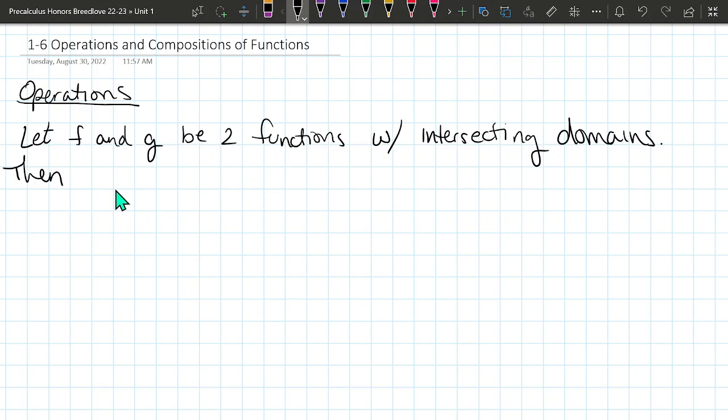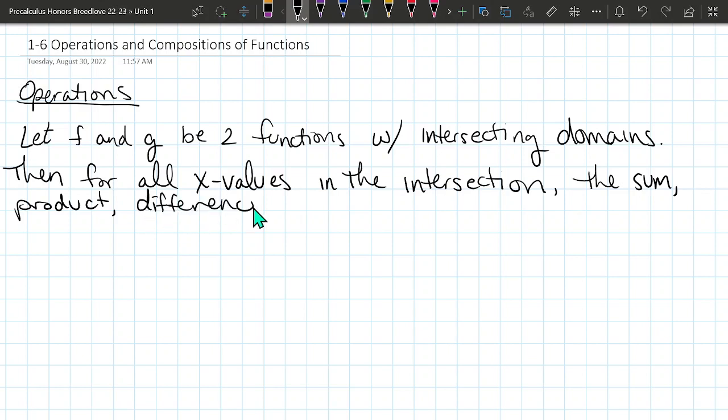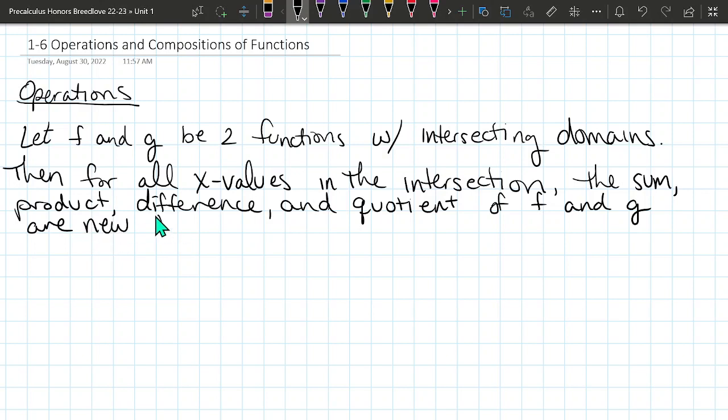Then, for all x values in the intersection, the sum, product, difference, and quotient of f and g are new functions, and then they're given as follows.